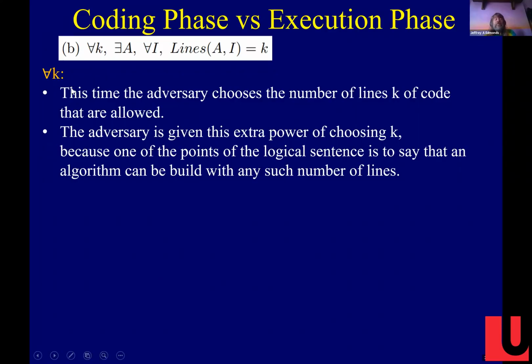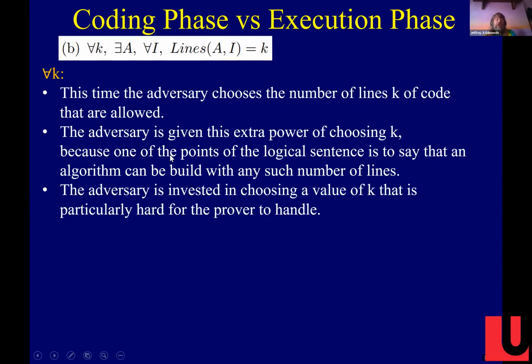The reason the adversary is given the K is because our whole goal of the sentence is to say that what we're going to say is true for any number of lines of code. Given the number K, we can build an algorithm that has so many lines of code.